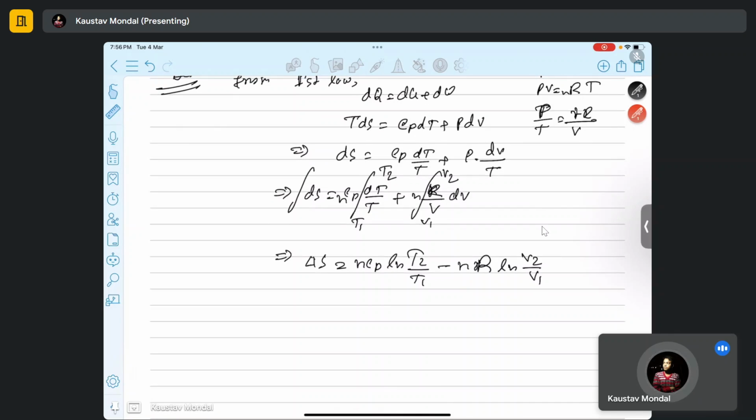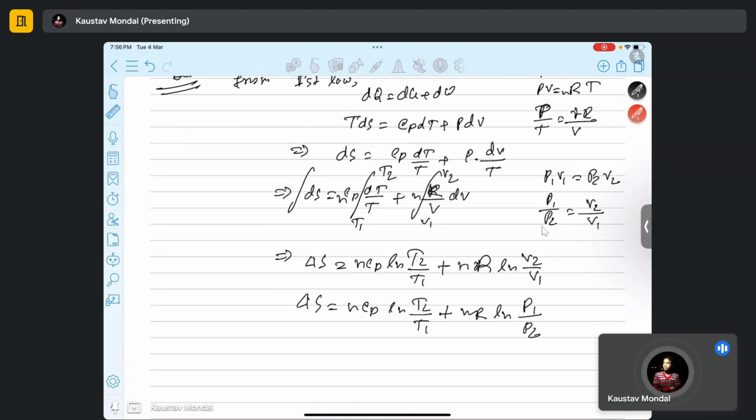But we already know P1 V1 equal to P2 V2, so P1 by P2 equal to V2 by V1. So we can write delta S as n Cp ln T2 by T1, sorry, this should be plus nR ln P1 by P2.